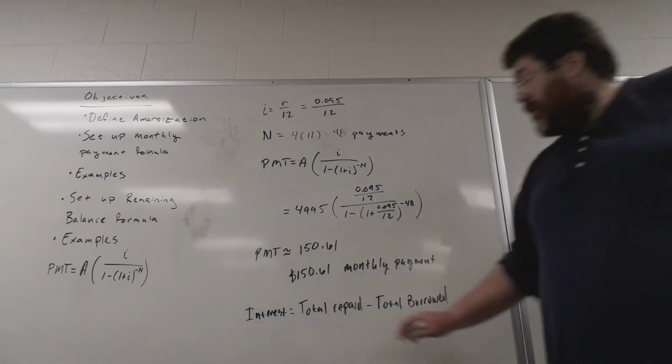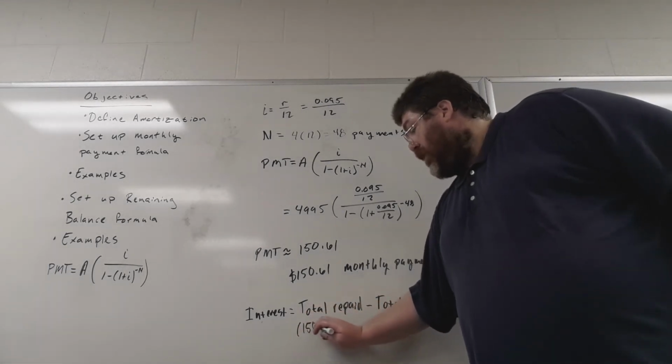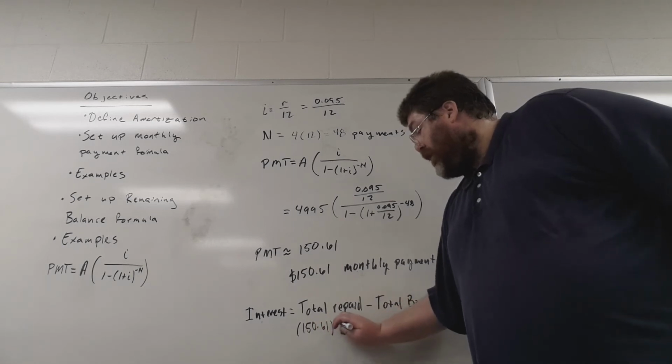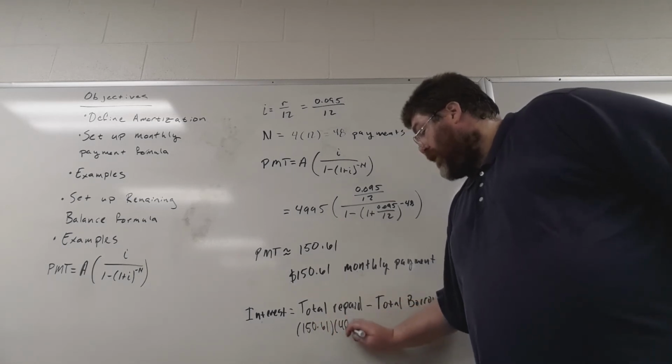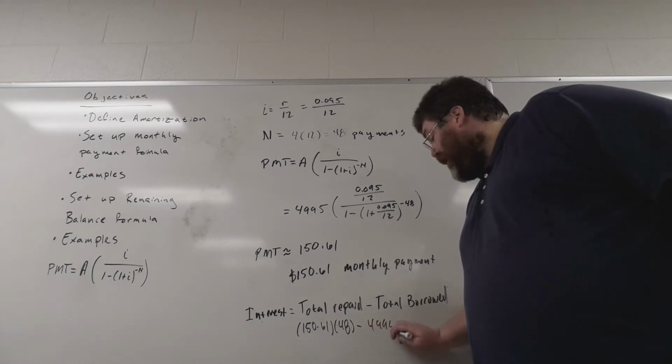So here, I've got 150.61 times 48 payments minus 49.95.